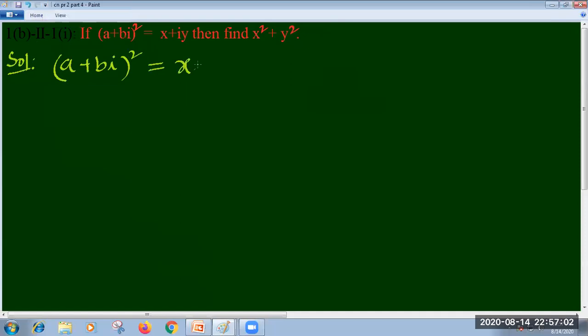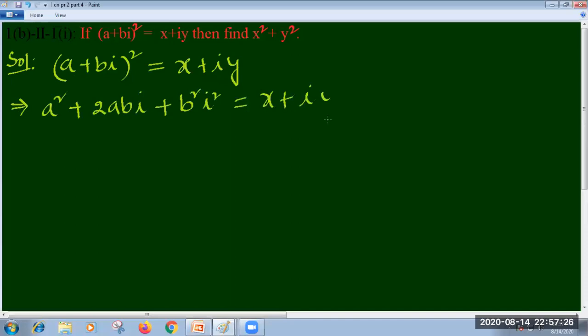So this is the given condition. Now expanding this one, a plus bi whole square expanded is a square plus 2abi plus b square i square is equal to x plus iy.